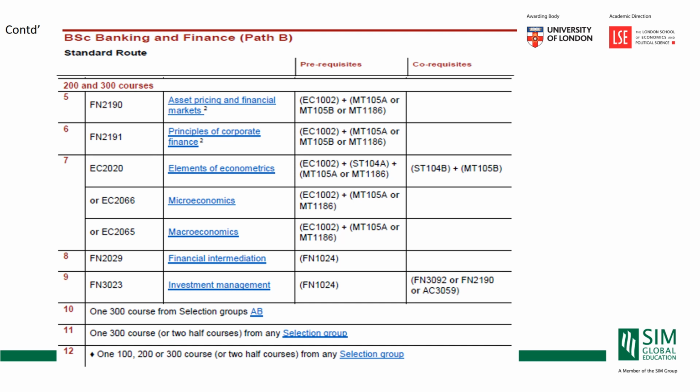And course 7 is one of the following 3 economics courses: EC2020, Elements of Econometrics. Take note, Elements of Econometrics requires quite a lot of prerequisites and co-requisites. As you can see from the requirements, you can probably imagine this course is going to be very challenging.